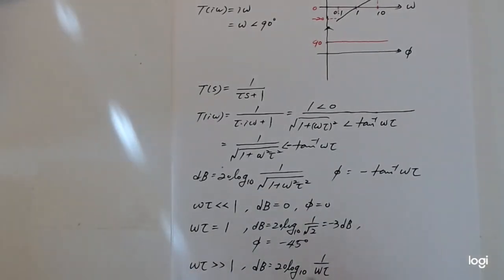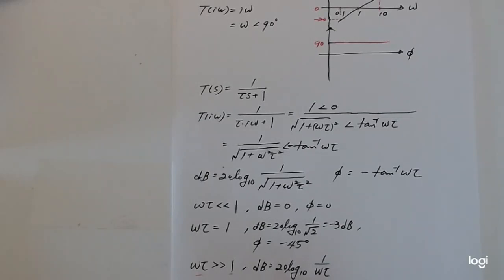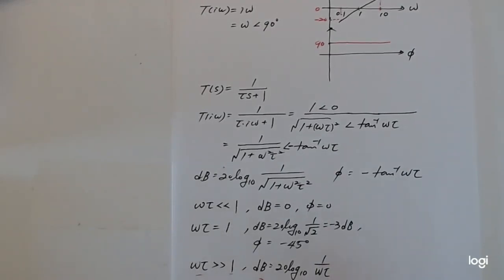In this range, what if I increase omega 10 times, from omega to 10 omega? The new dB will be 20 log 10 of 1 over 10 omega tau.